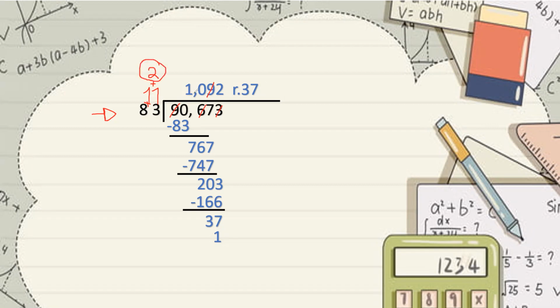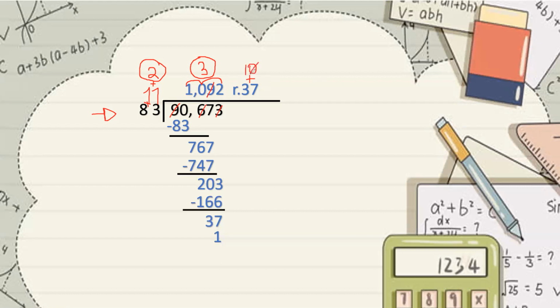Now we have this one. 1 plus 0, 1. And 1 plus 2, 3. This is my quotient exceed. Now we have the remainder exceed. 3 plus 3, 3 plus 7, 10.